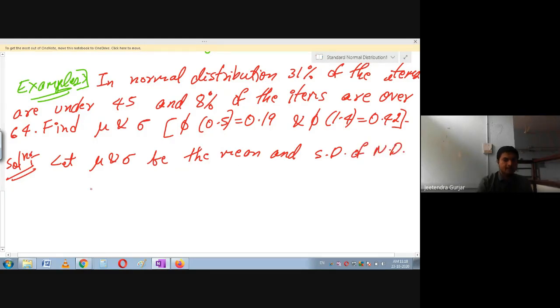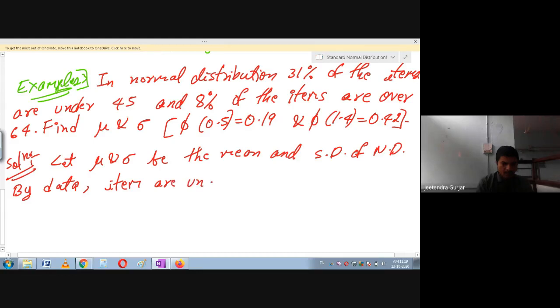ND, I will just write in short, normal distribution. So by data we have, students, if you just see, the items are under 45. This is what they have given first. So just make it very simple.